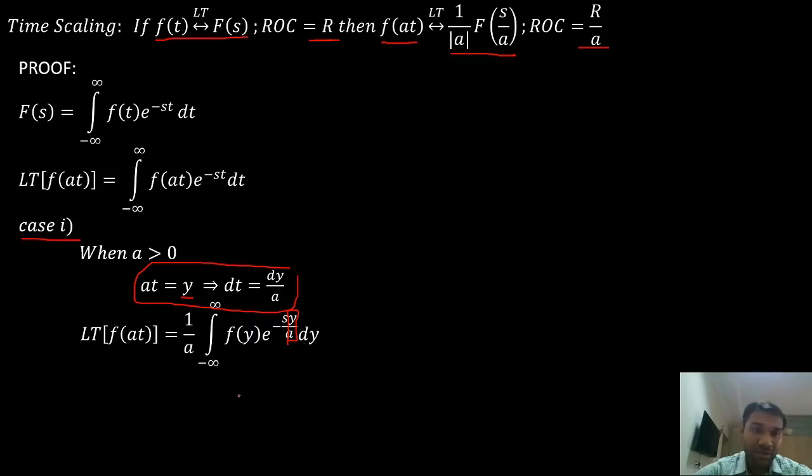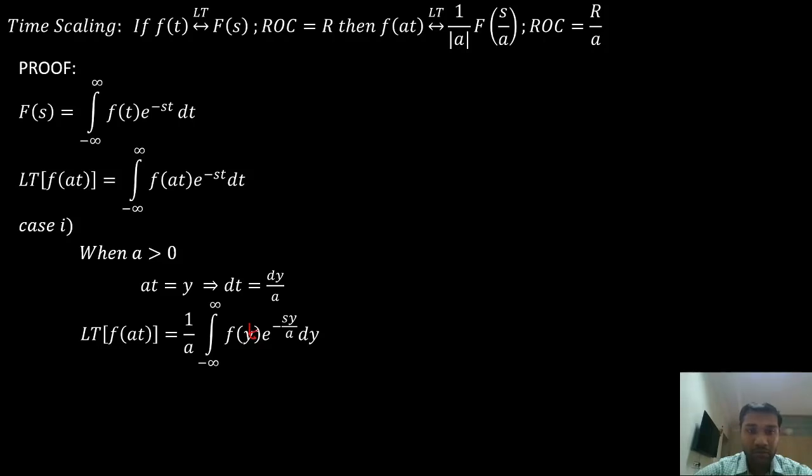Since a is a constant, I took 1 by a outside the integral, right? Now if you look at this, again what I'm going to do, I'm going to substitute y equals t, right? y is just a dummy variable. What happens?